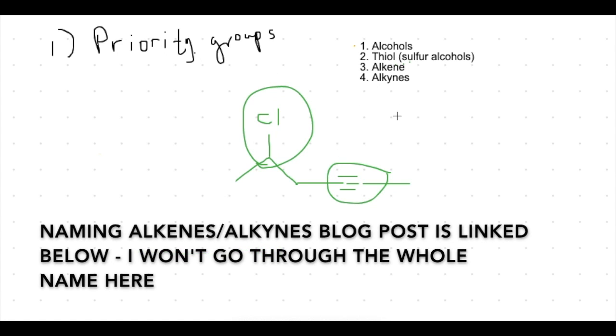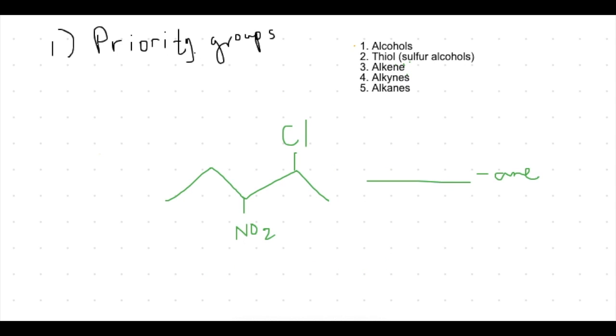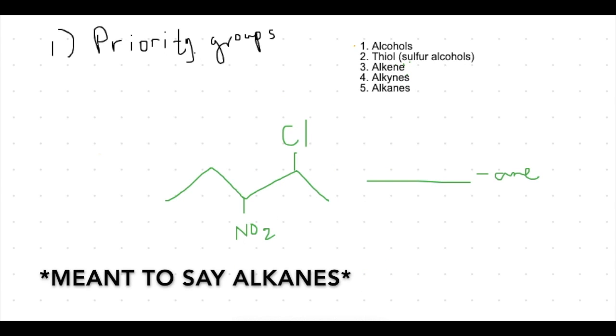Now say I have a shape like this, where it's just a toss between the triple bond and the chlorine. Triple bonds are 4th highest in priority, so if there are no alcohols, thiols, or double bonds in this shape, we are going to name this as an alkyne. So recall that it's all of our substituents dash -yne at the end. Now if we have a shape like this, alkanes are the lowest in priority.